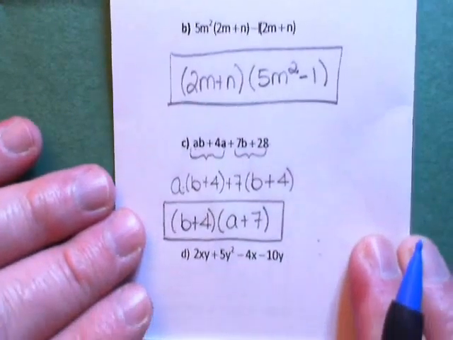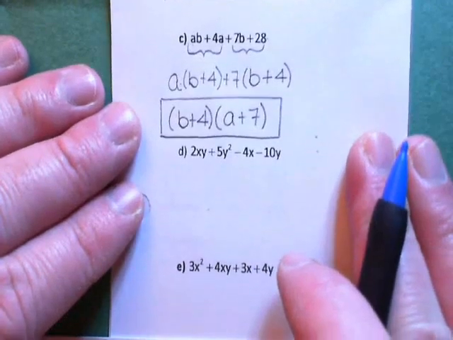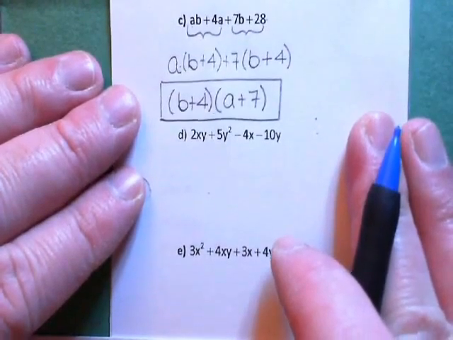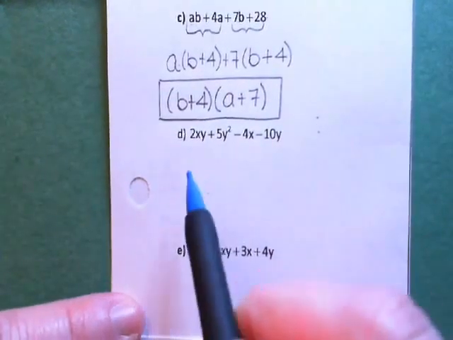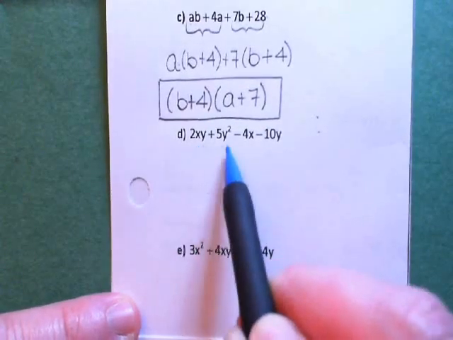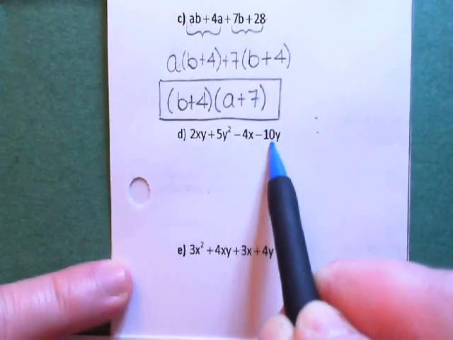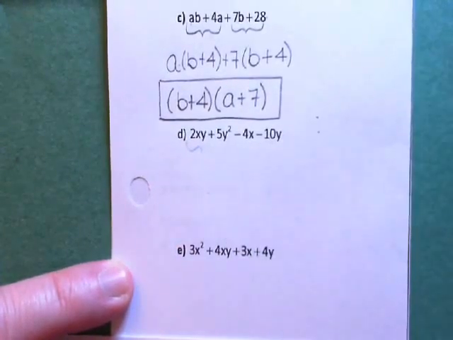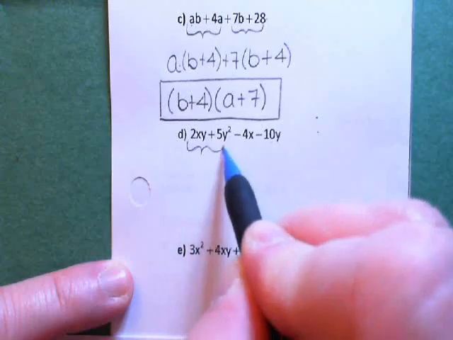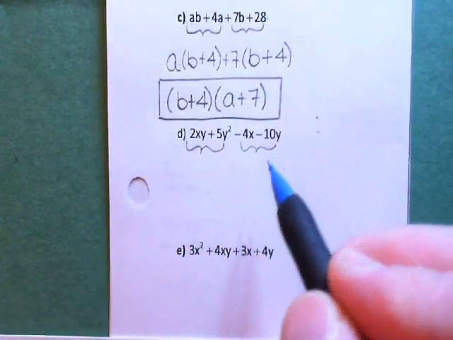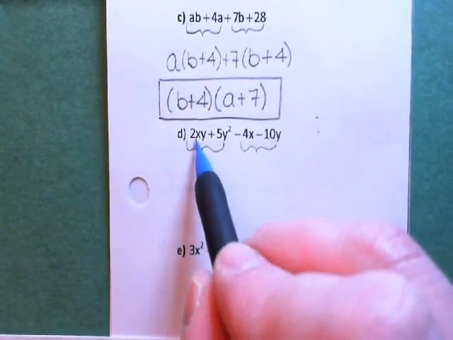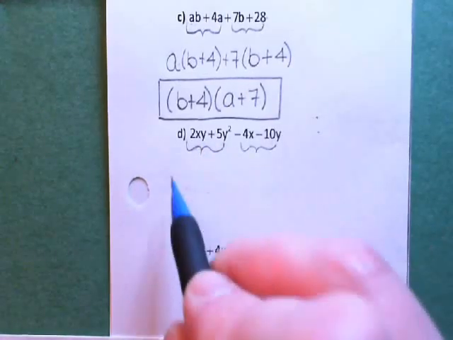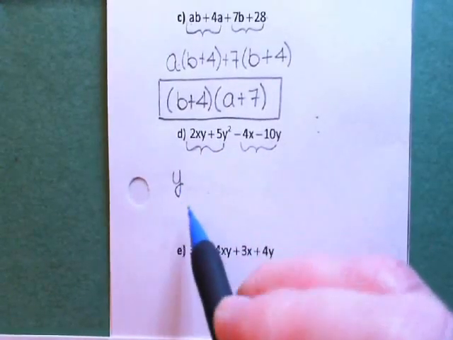Alright, let's go up to letter D. Same thing. Can I factor anything from all these four terms? The answer is no. So then try to factor by grouping in pairs. What can I factor from 2xy and 5y squared? Well, I can factor out a y.